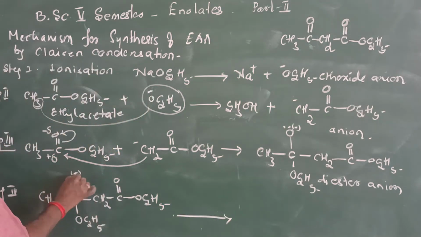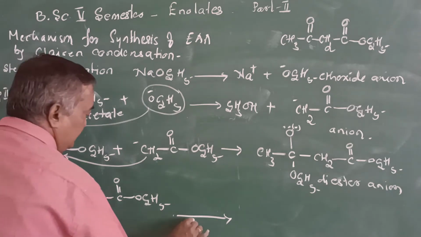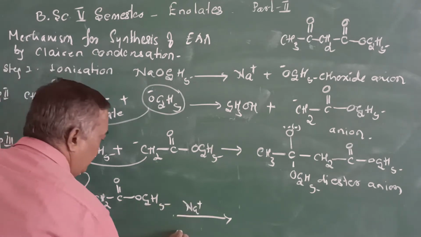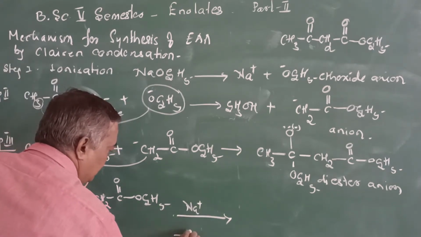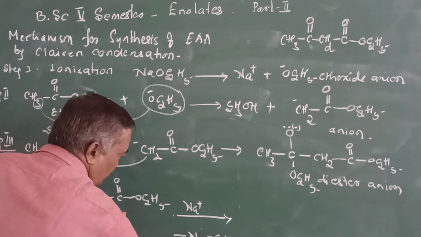The negative charge with the lone pair of electrons shifts to form a carbon-oxygen double bond, and the OC2H5 which is here gets eliminated. It is removed as Na+ OC2H5-, that is, as C2H5ONa or NaOC2H5.